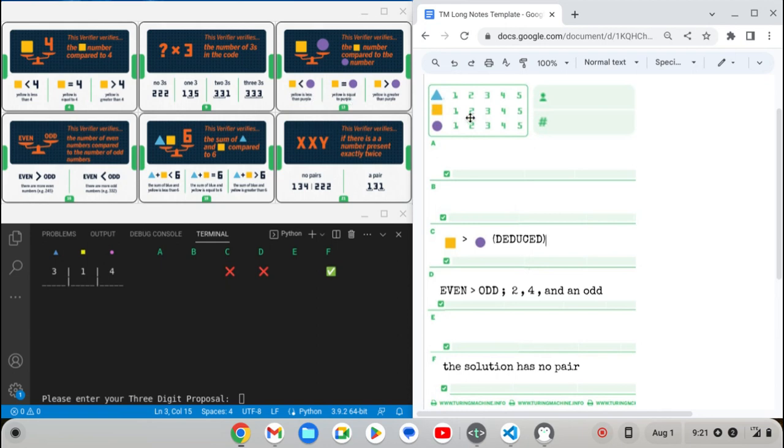So that said, since square needs to be greater than circle, that means that square cannot be a 1, because if square were 1 and it's supposed to be the biggest, there's nothing smaller for circle to be. And similarly, circle can't be a 5, because if circle were a 5, there isn't anything bigger than the 5 for square to be. Okay, so we at least eliminated those two possibilities.